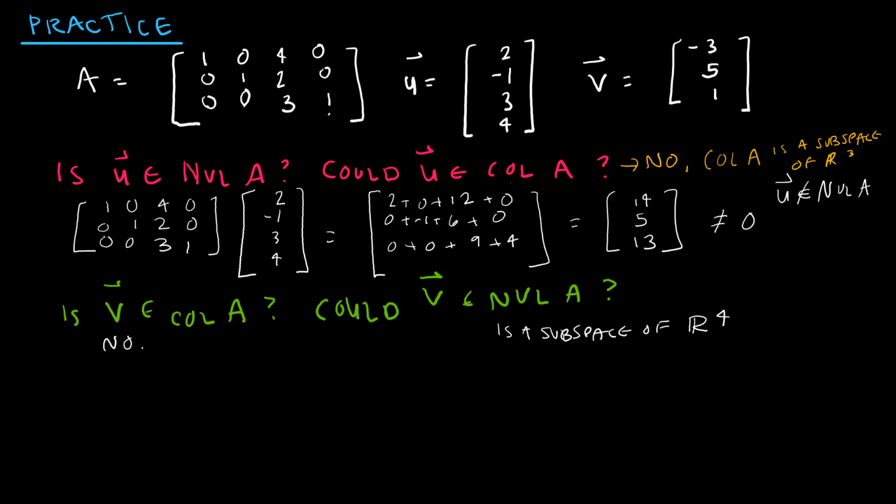So again, the column space of A is a subspace of R3, the number of rows. The null space of A is a subspace of R4, the number of columns. So could V be in the null space of A? And again, this is a no, because it has to be a subspace of R4, and obviously V is in R3.